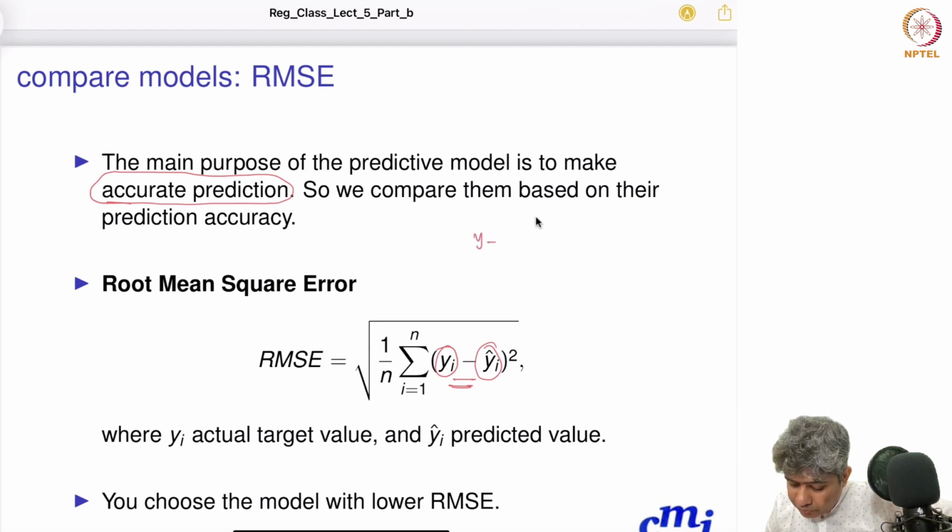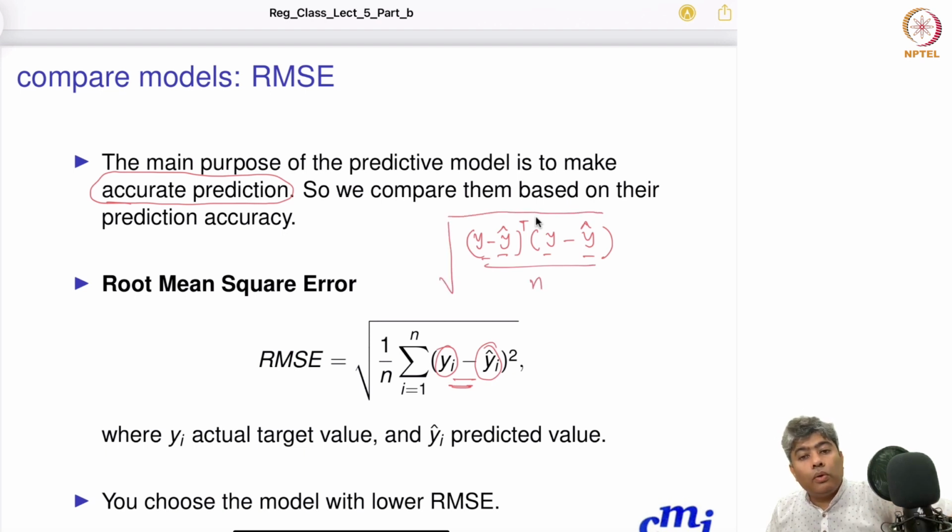Sometimes if you vectorize it, you get to write it this way. These are all in vector terms, divided by n, and of course the square root of that. So root mean square error is an extremely popular measure to estimate the predictive accuracy.